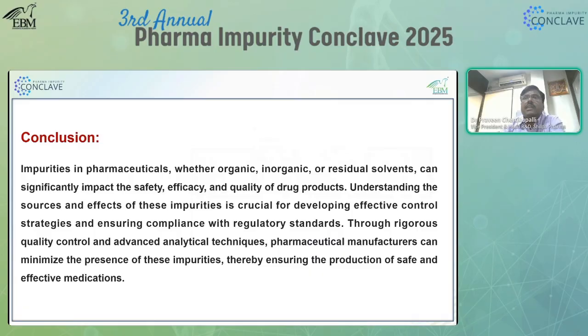The only thing is that we should have an appropriate control strategy for the impurities, where your manufacturing process will take care of all the possible impurities, and all these impurities we have to subject to QSAR studies. If they are QSAR positive, they need to be controlled as per the TTC limit.